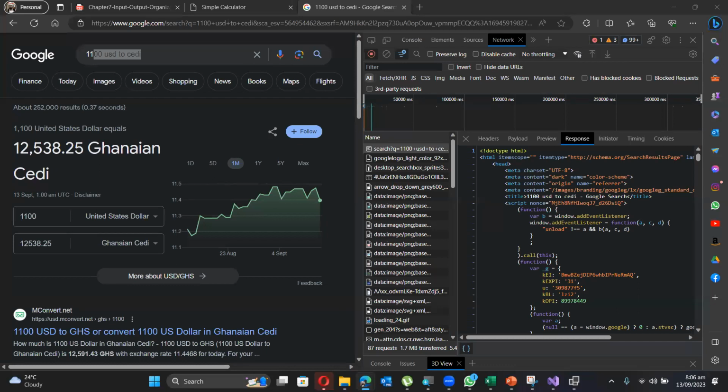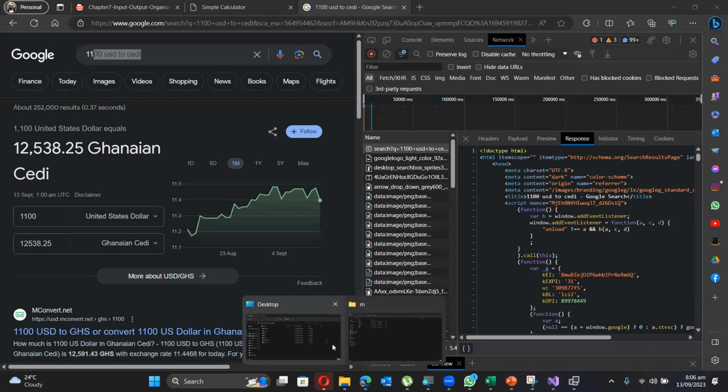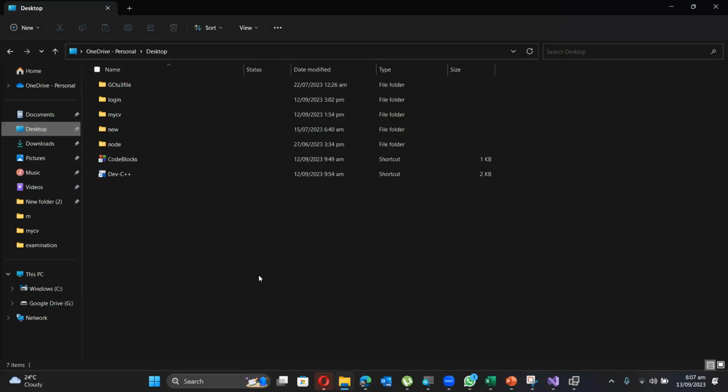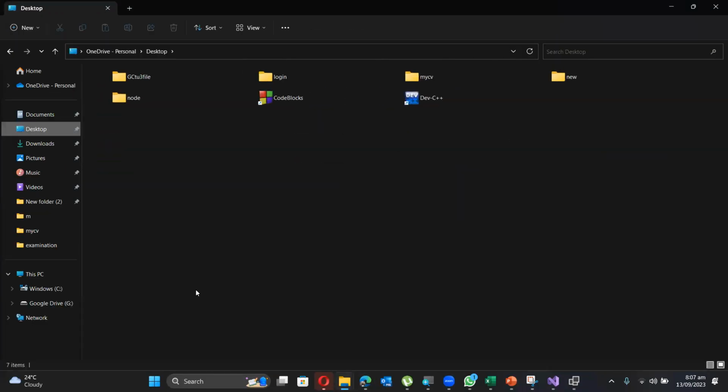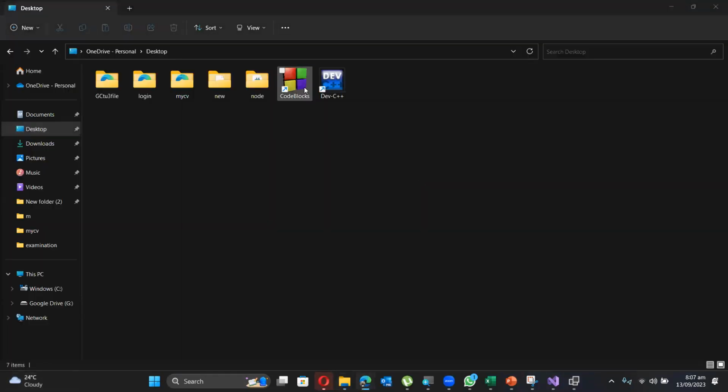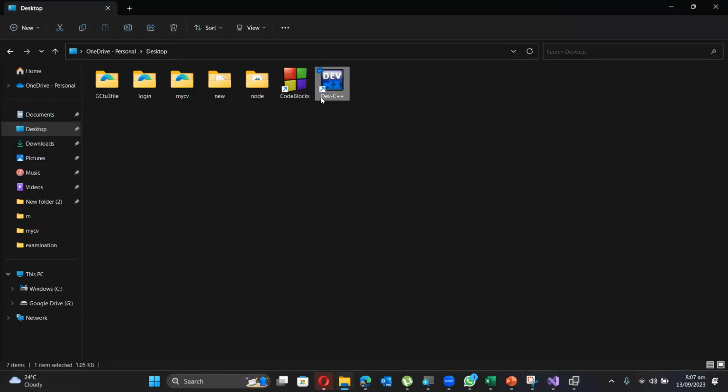So if it is A, it is A. Especially those of you who are transferring something from a pen drive to a computer or a computer to a pen drive. So, for example, on my screen here, I can see I have Dev C++ over here. For some reason, I don't even know why I have Dev C++, but yesterday I had to copy it for something. But I have Dev C++ over here.